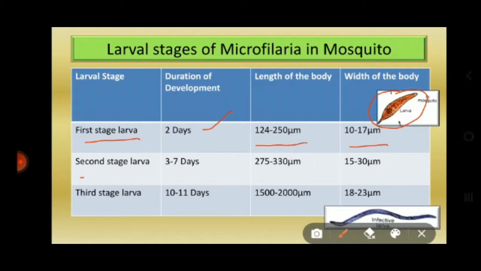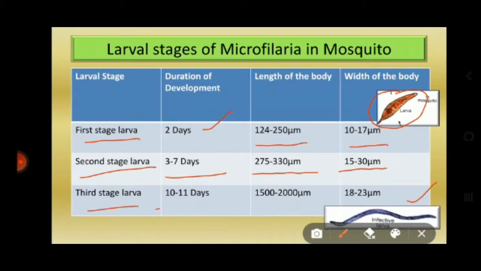Then the second stage larva comes, whose duration of development is 3 to 7 days, and it measures somewhat longer than the first stage, 275 to 330 micrometers in length and 15 to 30 micrometers in width. Then after its development, it undergoes one more molting, resulting in the third stage larva.